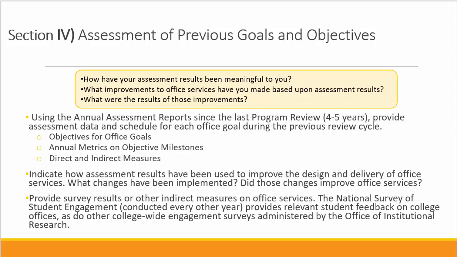Direct measures in annual assessment are the kind of hard evidence that we know whether or not we're meeting goals. So let's say, for instance, you wanted to improve the turnaround time between when a student requests something and when the office is able to follow through on it. Right? So that might be requesting transcripts, that might be maintenance, that might be an appeal of conduct policy.